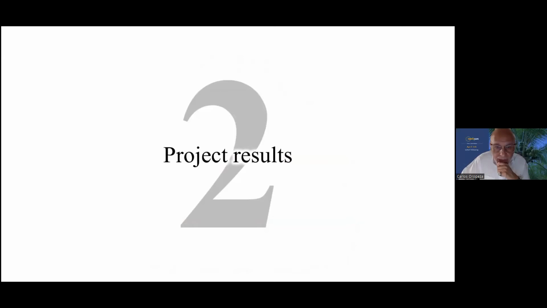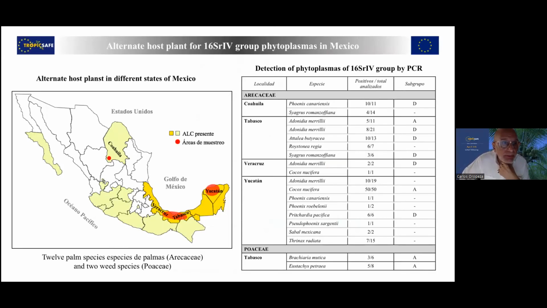So I'm going to show you then the project results in this area of research of alternate plants. And what we did was to search for suspicious plants in the areas in red, and the states were Yucatan, Tabasco, and Veracruz.